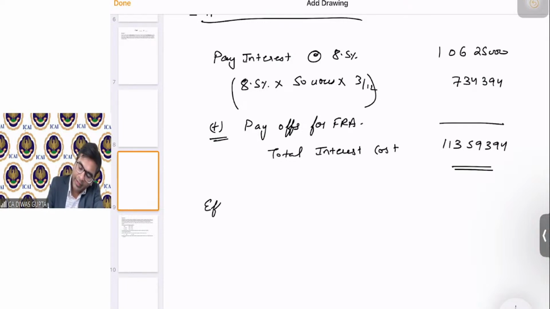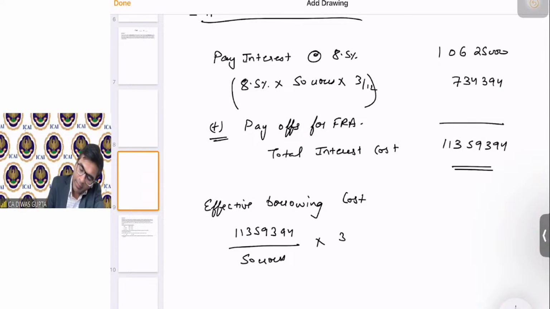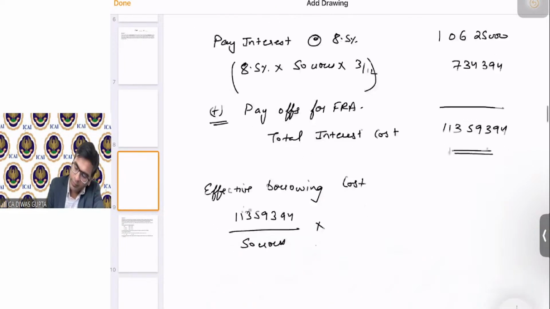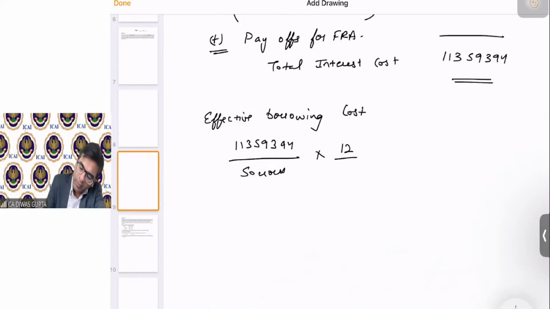If we arrive at effective borrowing cost, this will be 1 crore 13 lakh 59,394 divided by 50 crores multiplied by 12 divided by 3.